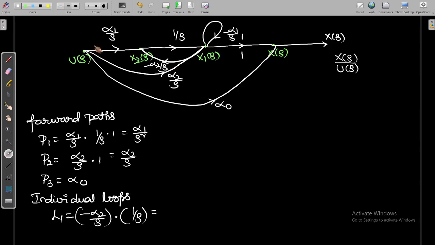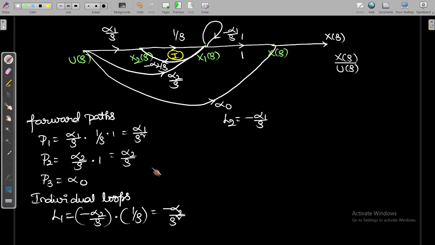So the answer is minus alpha 2 by s square. Next, another loop is L2, equal to minus alpha 1 by s, which is a self loop here. Only two loops are there.